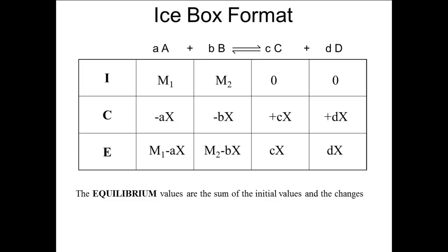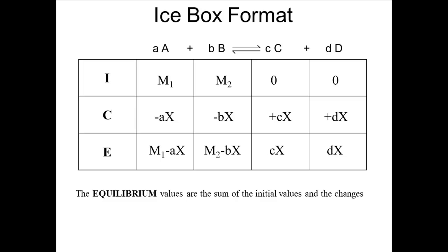In general, this may be a very difficult problem to solve, particularly if the resulting expression produces a third degree or higher polynomial. On the AP test, however, you will not be required to solve anything higher than a quadratic equation.